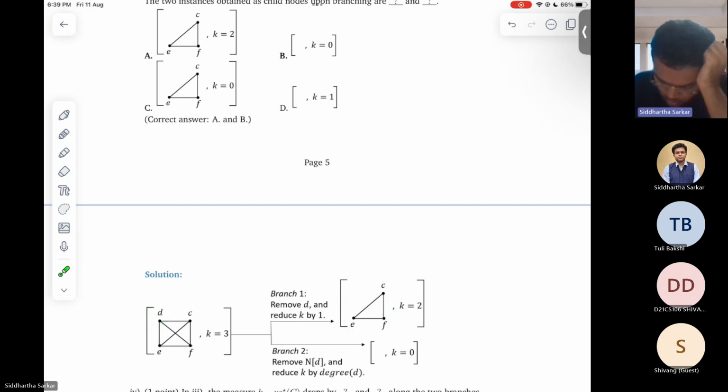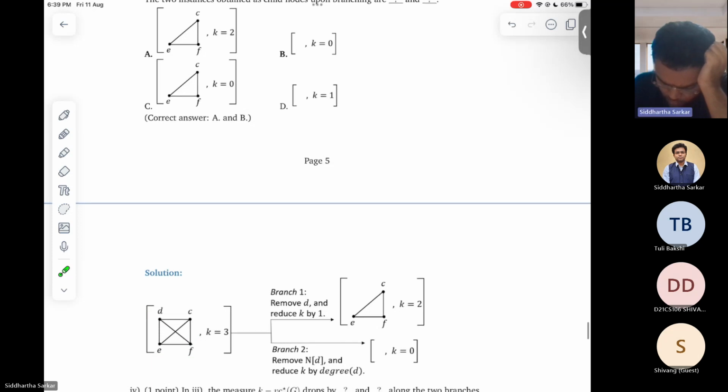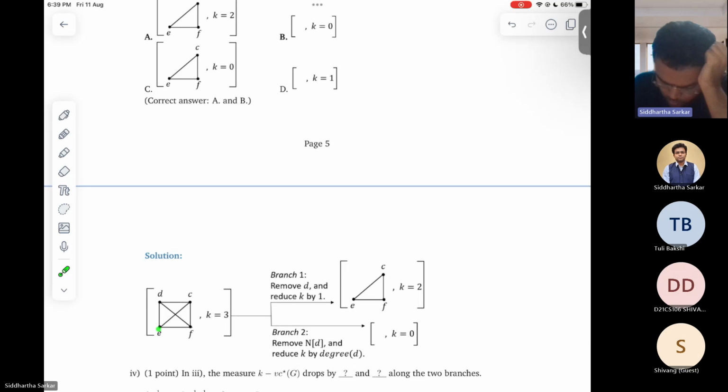The other branch is not taking D, but taking the neighbors of D. Once you take the neighbors of D and remove D as well as its neighbors, you're left with an empty graph, since F is also a neighbor of D. T is a neighbor to all the other vertices, so your parameter drops by 3.